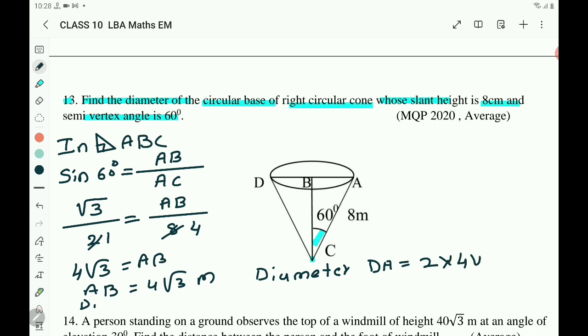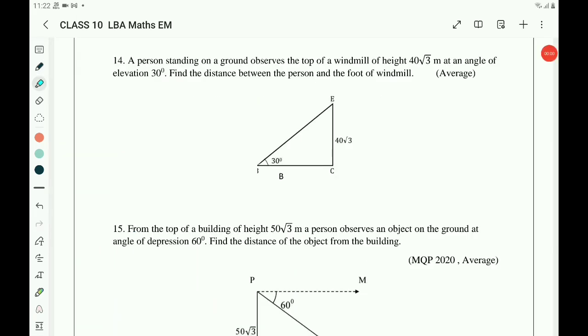Radius is 4 root 3, equals what? 2 4s are 8. 8 root 3 meter. Diameter is 8 root 3 meter.